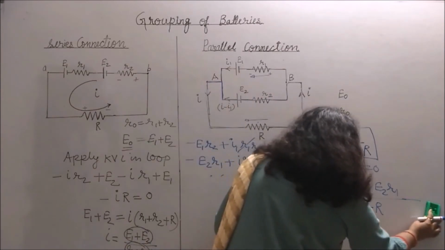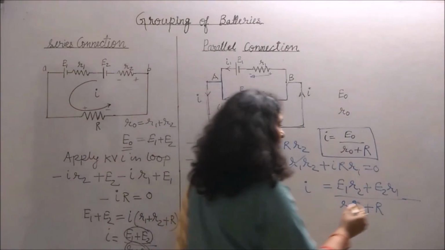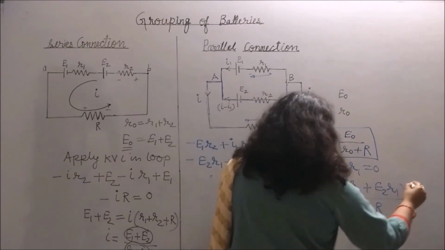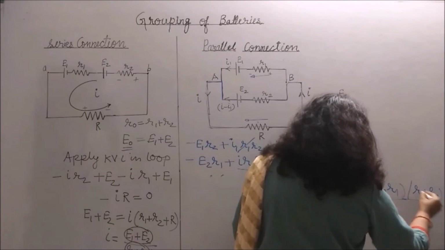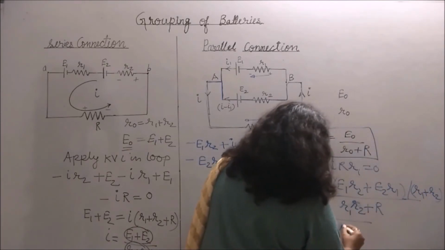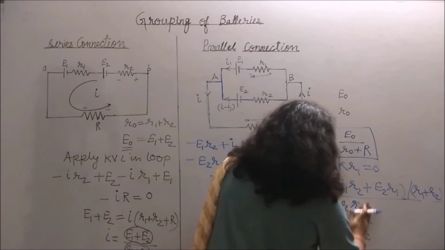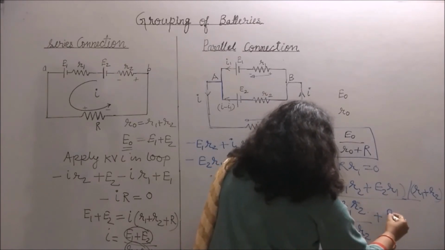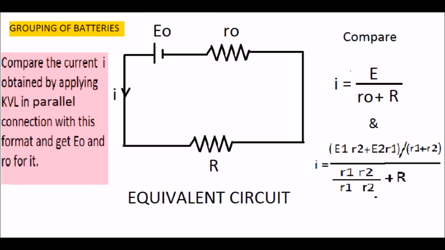Okay, divide both the numerator and denominator by R1 plus R2. Here again there will come R1 plus R2 plus R. So now we got the equation in this form.